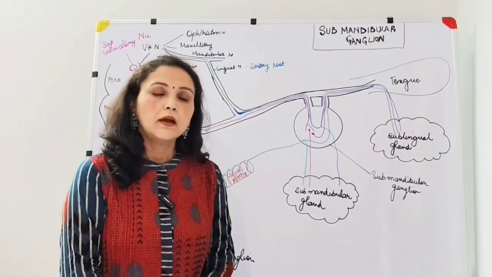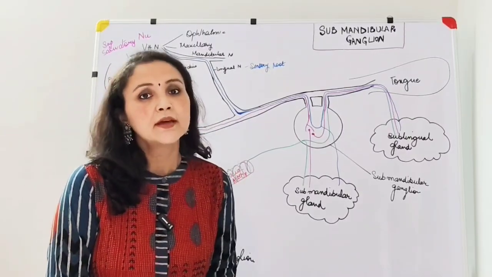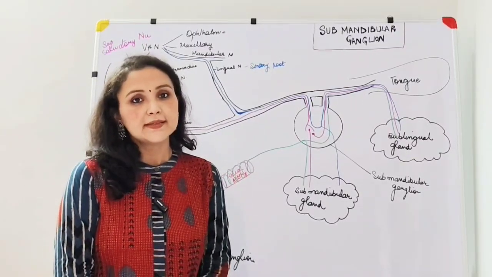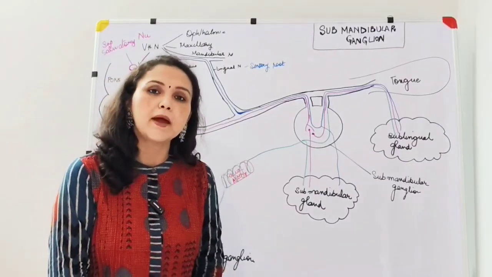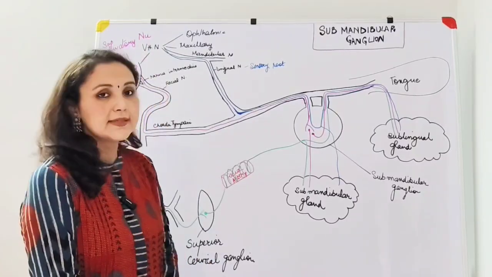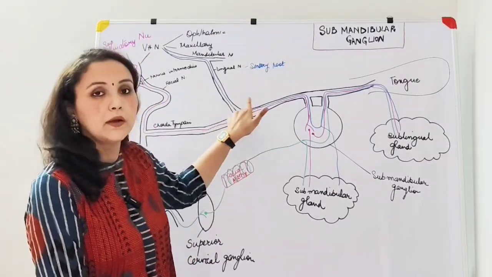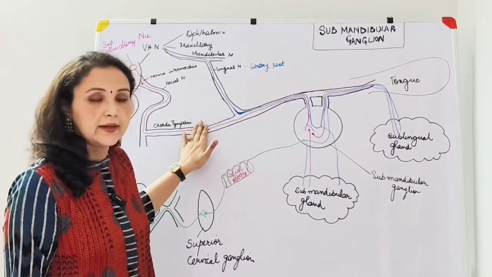And regarding the sensory component, one question asked is which nerve carries the sensory fibers, or which nerve carries the sensations from the submandibular gland and the sublingual gland, and the answer is very simple, that is the lingual nerve. It is not the chorda tympani nerve.